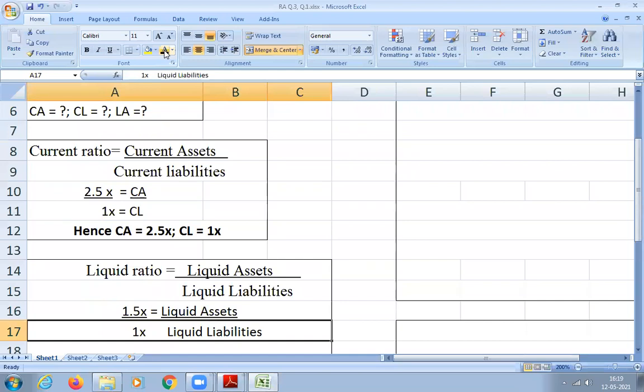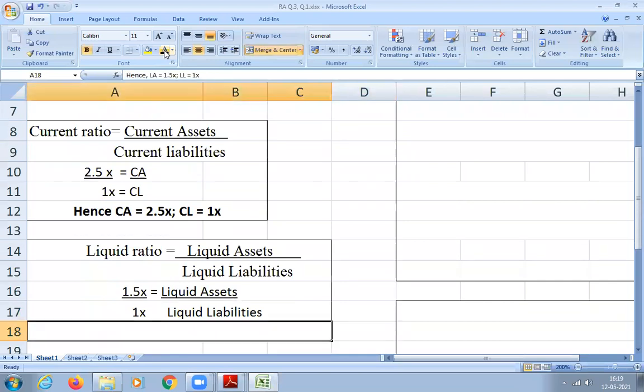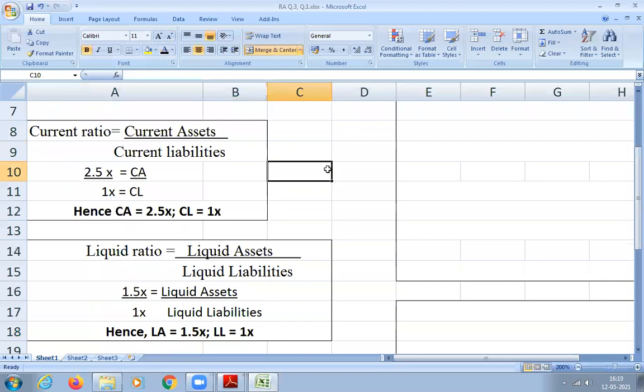That means 1.5x is liquid asset and 1x is liquid liabilities. Correct? Any doubt in this? What I have written now is just the formulas and whatever is given in the question. Clear? But now the thing is how to calculate the x value. Can someone tell me?